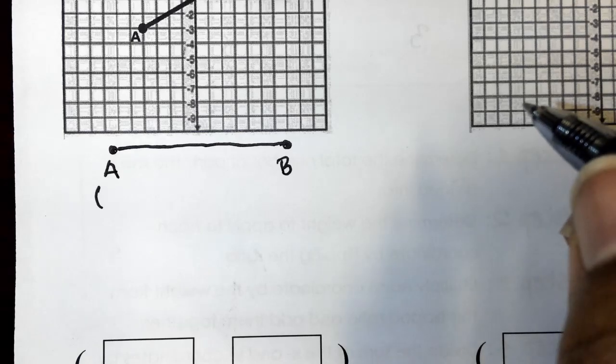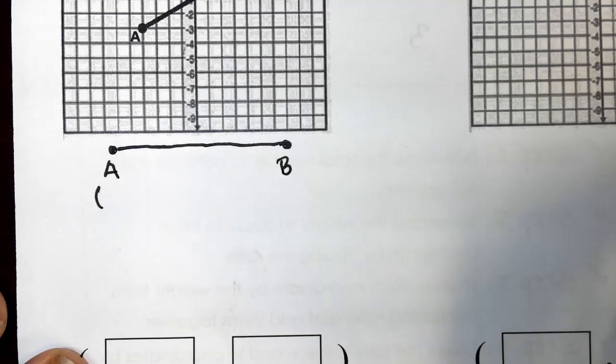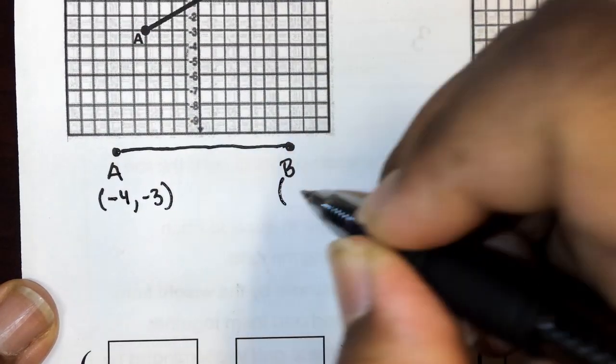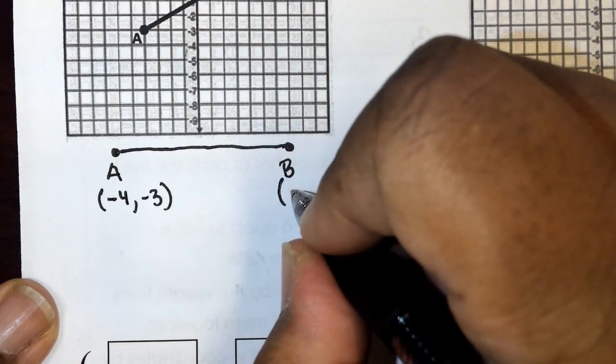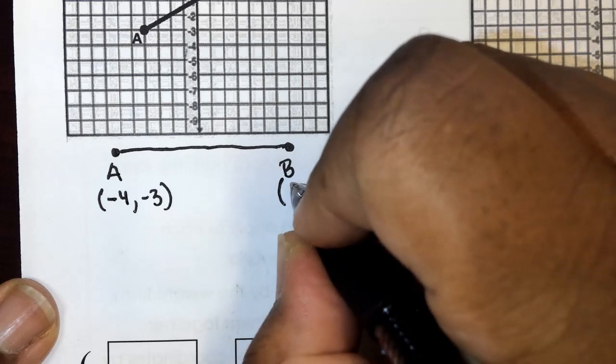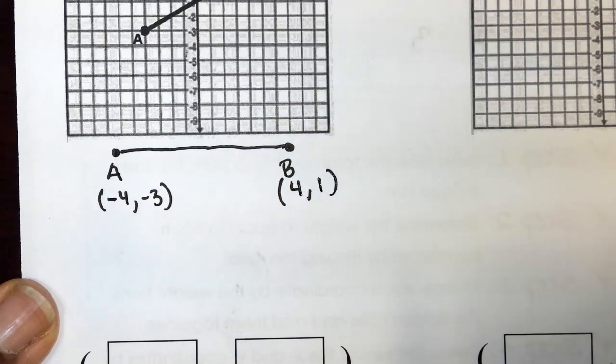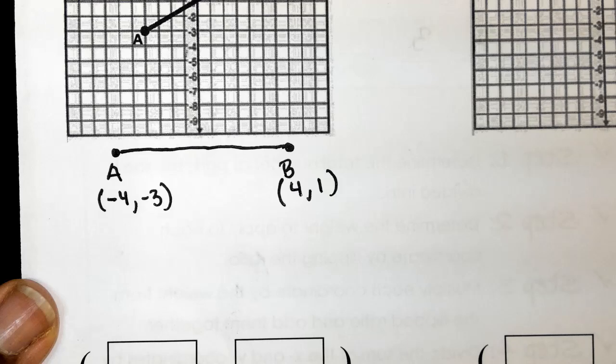I don't want to read coordinates. Y'all teach me how to read them. Where's A? Negative 4 what? I agree. Where's B? 4, 1. Okay.